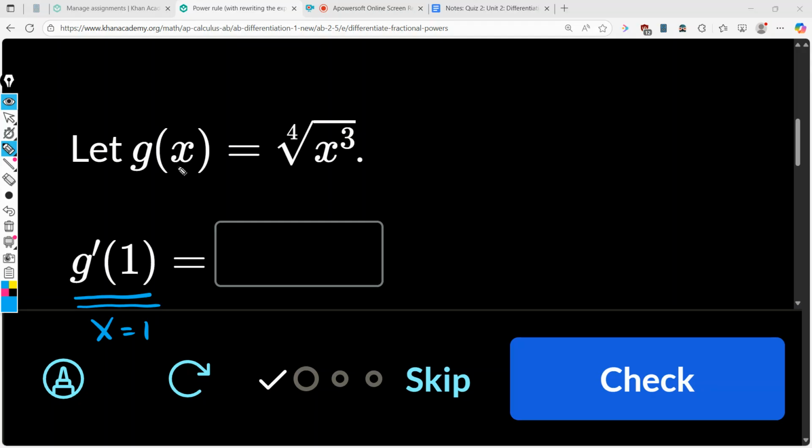Okay, so we have g of x, and that's going to equal the base variable x. The exponent is going to go in the numerator, and the root is going to go in the denominator. So we have x, the numerator on the exponent is a 3, and the denominator on the exponent is a 4.